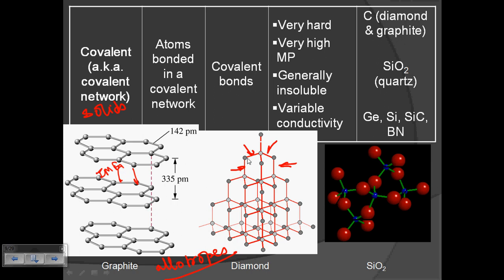Diamond, on the other hand, due to direct covalent bonds between each atom, is very hard to break and is very stable. The common examples of covalent network solids, and I would suggest that you memorize them, are diamond and graphite, silica, which is also called quartz, germanium, silicon, silicon carbide, and boron nitride.